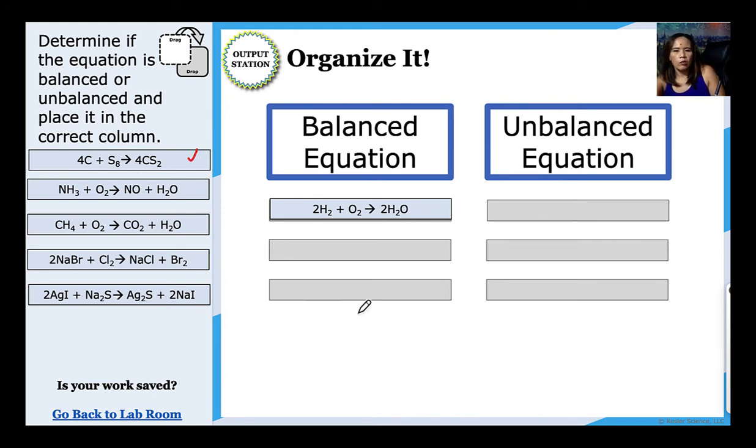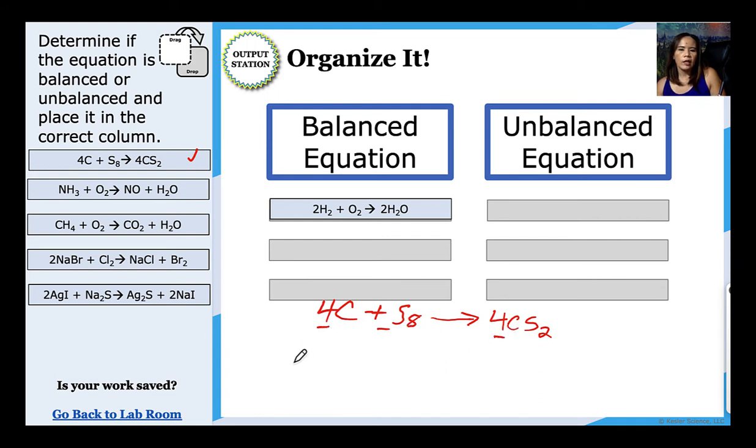So, ang unang step, bale, is, I'll write it down here below para makita nyo. So, 4C plus S8 will react to produce 4CS2. Now, itong ating coefficient, yan lang ang pwede nating baguhin.